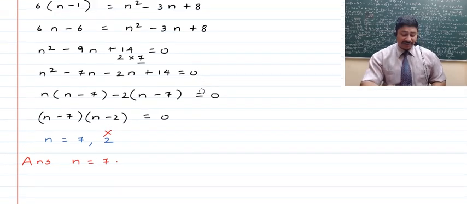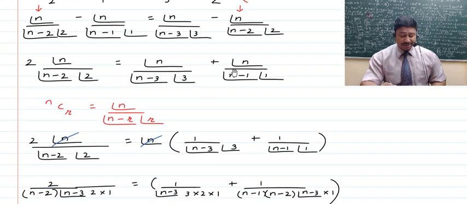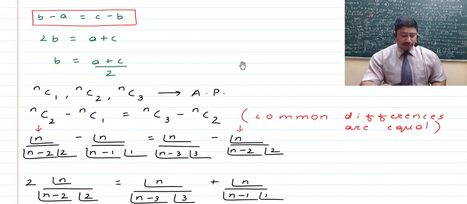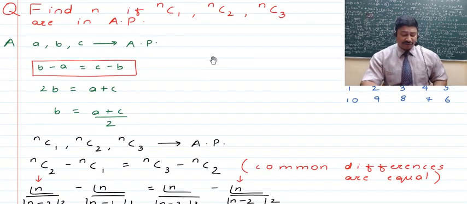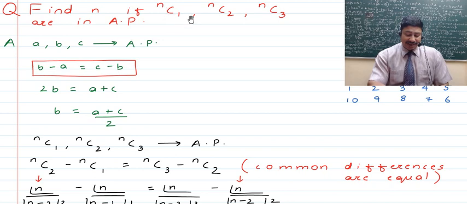Now is the time when we check whether both of these values are correct or not. So we put it in the primary condition that we've been given, that is nC1, nC2 and nC3 are in AP. So if we keep the value of n to be 7, we have 7C1, 7C2 and 7C3 which are in AP, which is perfectly fine. But if we keep the value of n to be 2, we have 2C1 which is perfectly fine, 2C2 which is perfectly fine.